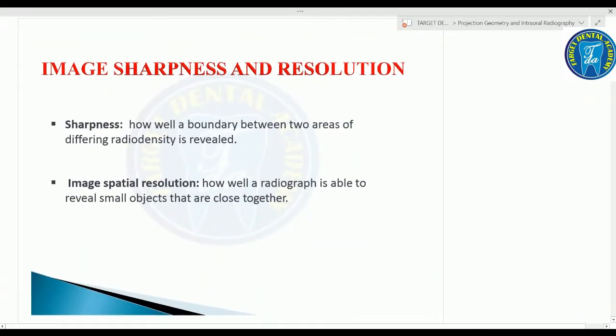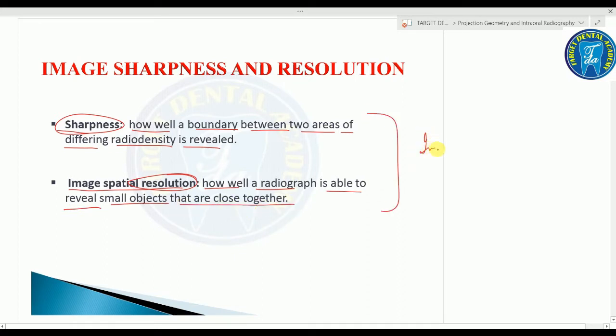So next is image sharpness and resolution. Image sharpness is the measure of how well a boundary between two areas of differing radiodensity is revealed, while image spatial resolution is the measure of how well a radiograph is able to reveal small objects that are close together.